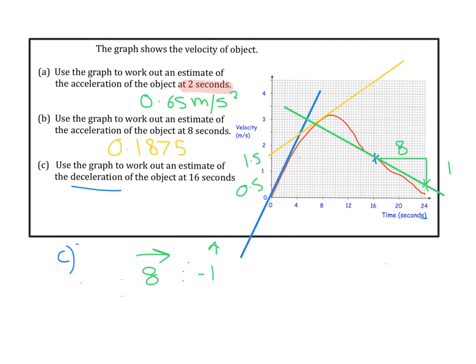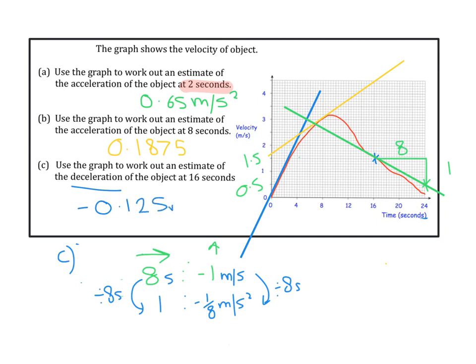And don't forget it was 8 seconds across and -1 meters per second. I need to get it down to just 1, so I'm dividing by 8 seconds here, dividing by 8 seconds here. So that's -1 over 8 meters per second squared. So -1/8 is actually -0.125 meters per second squared.